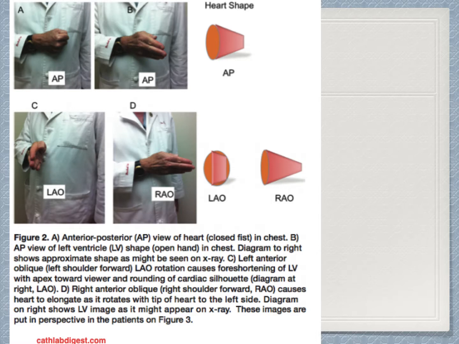Left anterior oblique: see a patient or place someone in front of you, or imagine yourself with your left shoulder anteriorly. That is LAO. And your heart will be practically right in front of you. That is why there's some foreshortening of the length of the left ventricle, and you can see the heart as rounded. If you do a RAO view, then you can see the heart straight out.